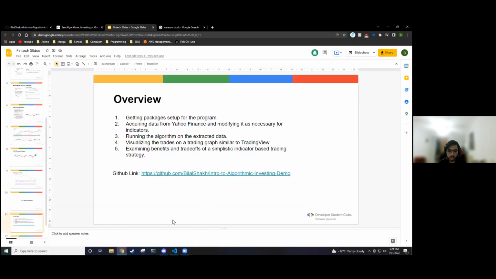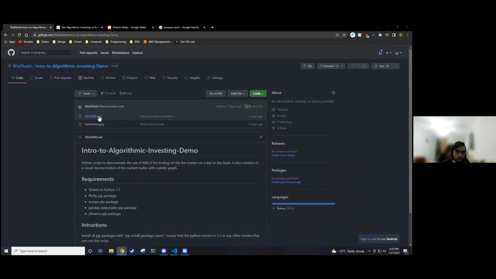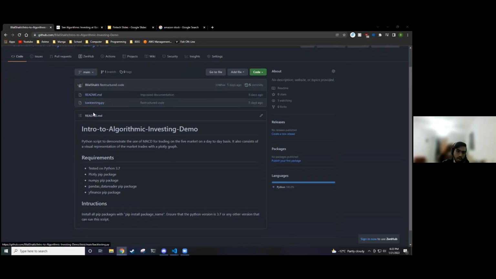You should see in the chat at the moment the GitHub link to what I'm essentially going to be working towards. As you can see right here, what I'm working towards is building out a backtesting algorithm, and for that you would need a few different pip packages installed, and they're mentioned right here.